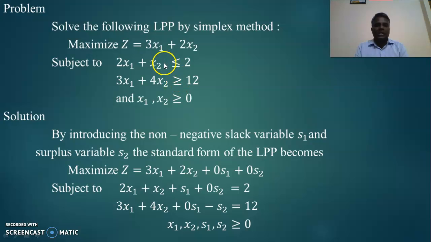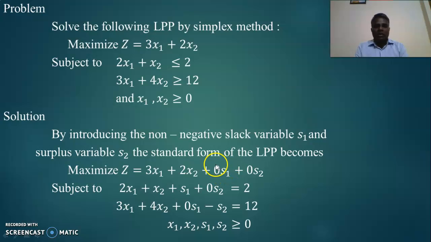So the first constraint needs a slack variable for converting into an equation. The second constraint needs a surplus variable for converting the inequality into an equation. So we need two variables, slack and surplus variables respectively. By introducing the non-negative slack variable S1 and surplus variable S2, the standard form of the LPP becomes: maximize Z equal to 3x1 plus 2x2 plus 0S1 plus 0S2.